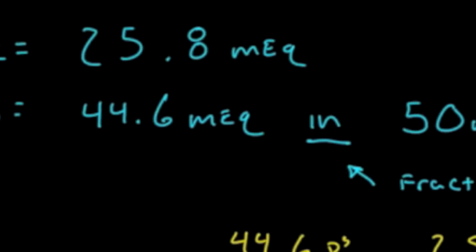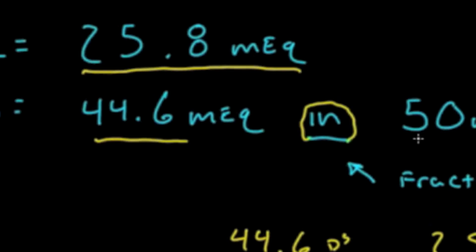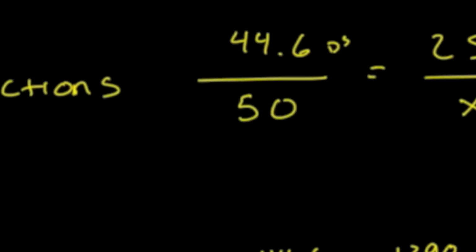Number 11 was a little bit weird of a setup. Again, Stephanie helped figure this one out. The doctor is requesting 25 milliequivalents, but your supply is 44.6 milliequivalents in 50 milliliters, making it a fraction. So you have to set it up as a fraction.